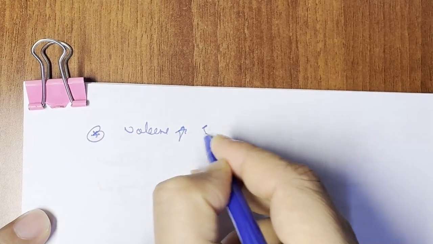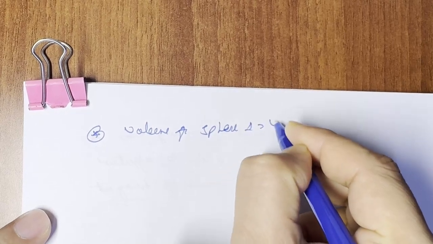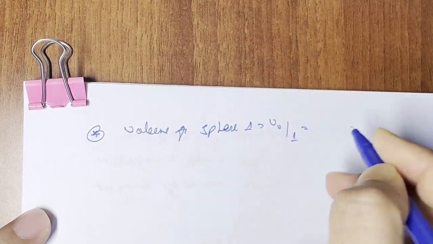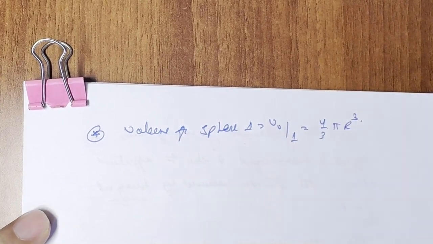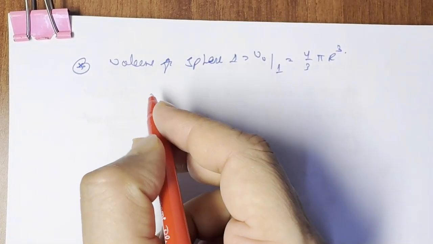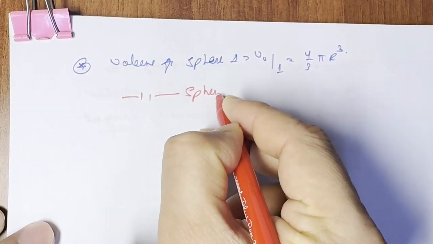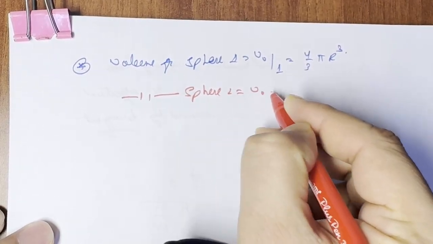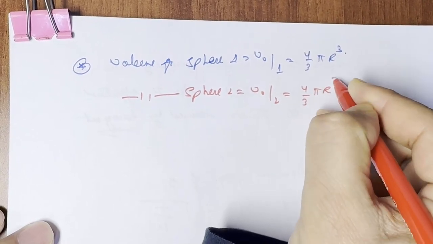Volume of sphere 1, that is V0, is equal to 4/3 pi r cube, and volume of sphere 2, which is V0, is equal to 4/3 pi r cube.